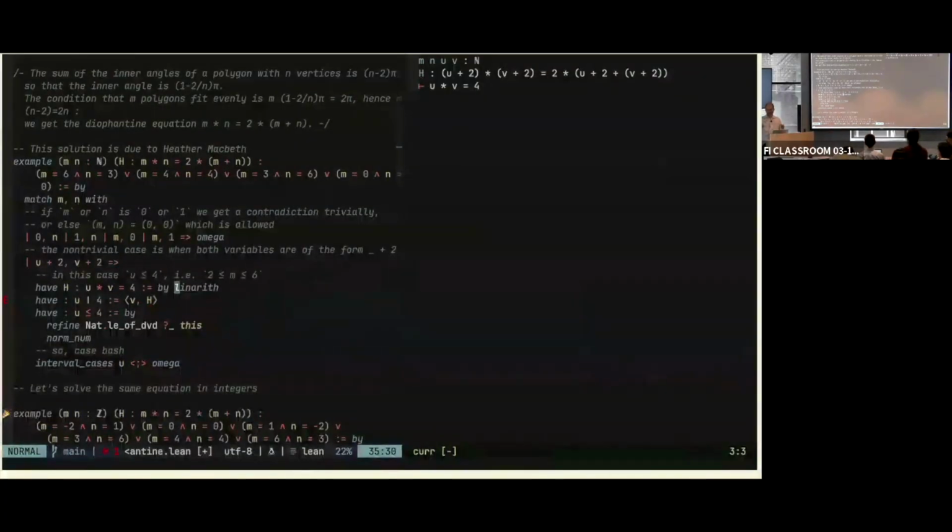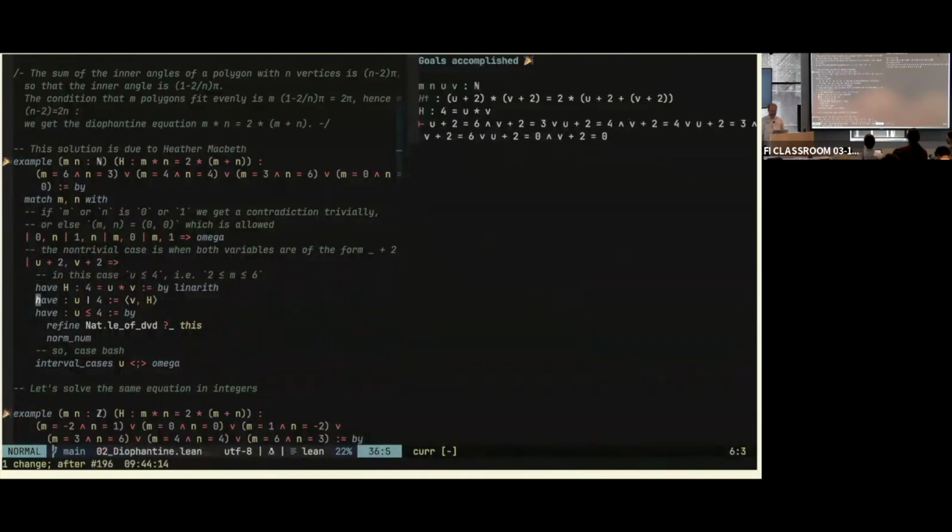Well, it knows also how to cancel stuff, because it's not really a linear combination. We have also some cancellations to do, but then linarith proves the result. And for later on, it's simpler to have 4 equals u times v. Okay. And so now, because 4 is u times v, we know that u divides 4.